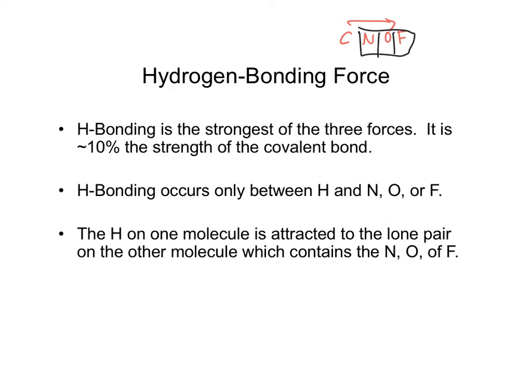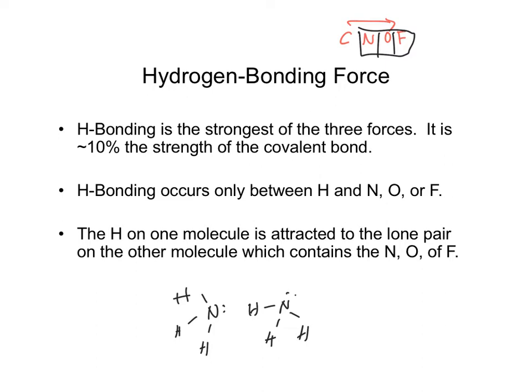Something with nitrogen. So if you had ammonia, tetrahedral geometry, and then you have another one sitting next to it. You have the hydrogen on one being attracted to the lone pair on the other.